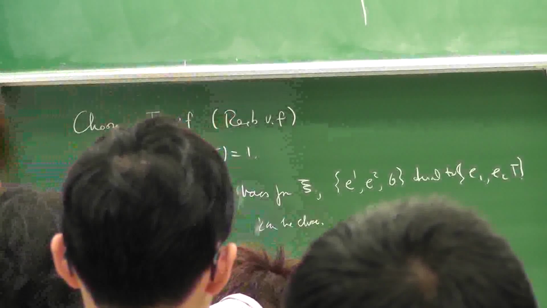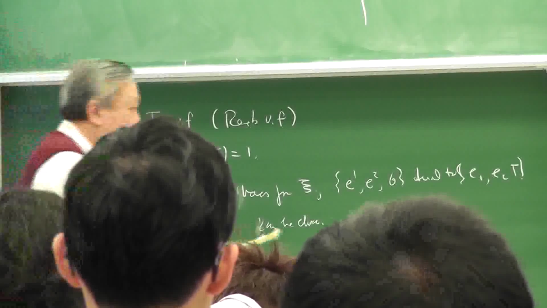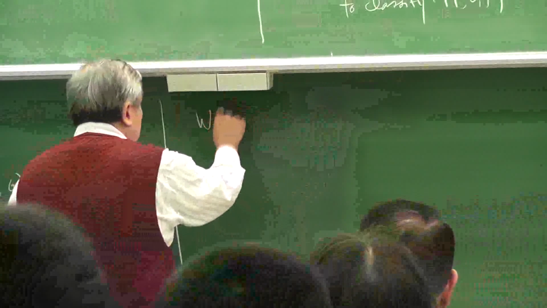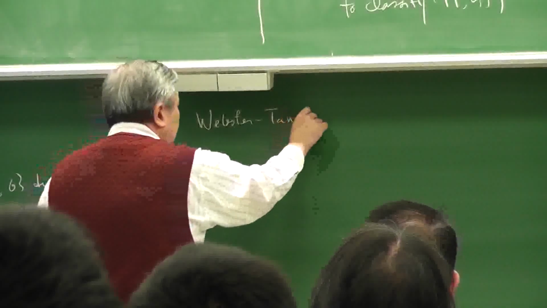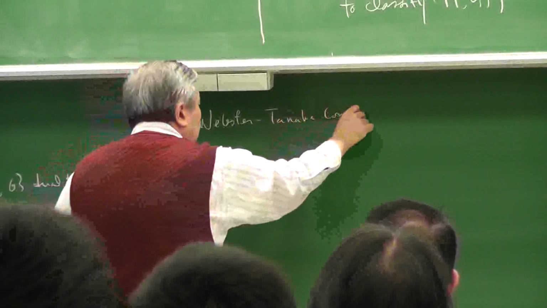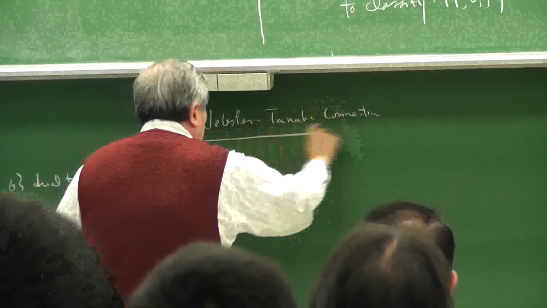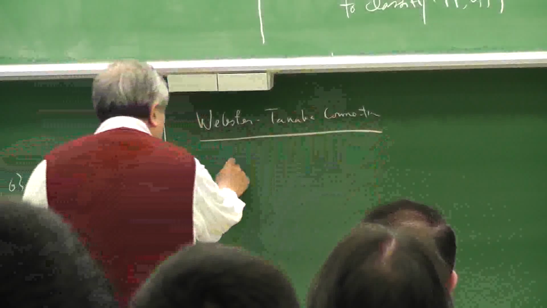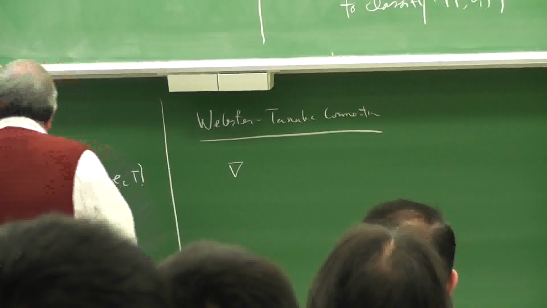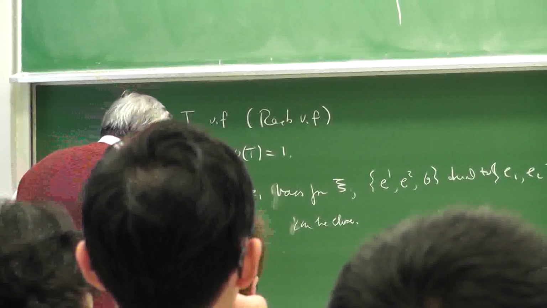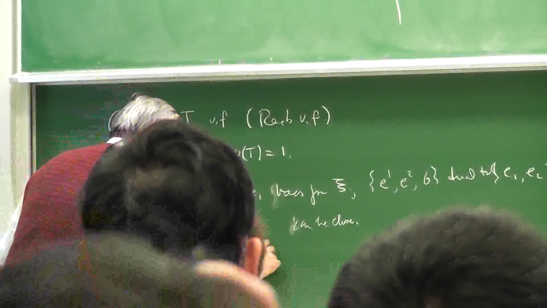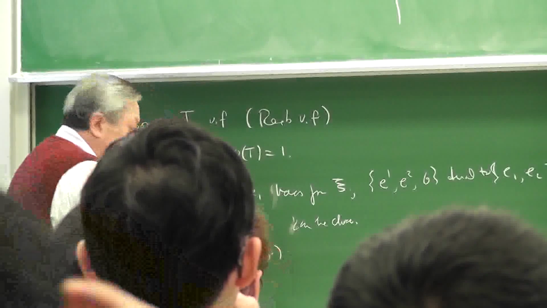Okay, so after this normalization, now you want to introduce a connection. So this is called the Webster-Tanaka connection. So you want a connection so that the covariant derivative, well, see now since d theta is non-degenerate, right? So I can think about d theta acting on a pair of vectors as a metric.